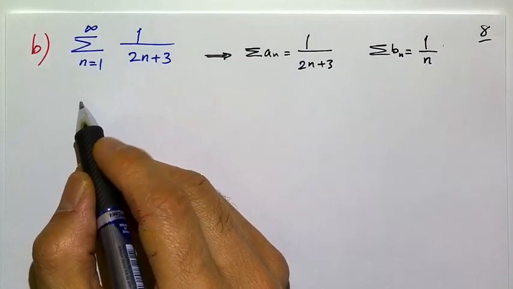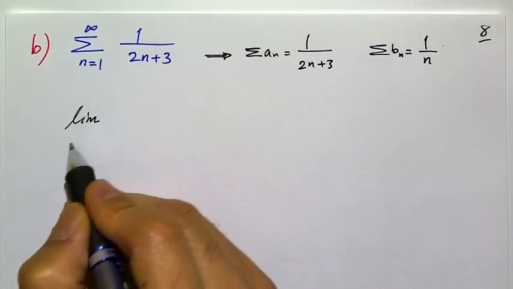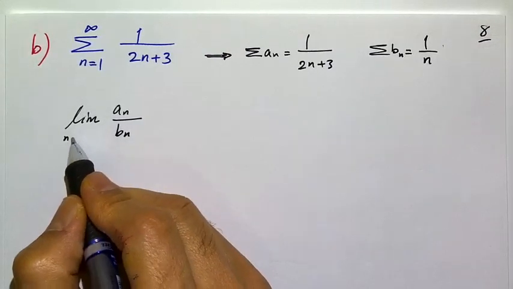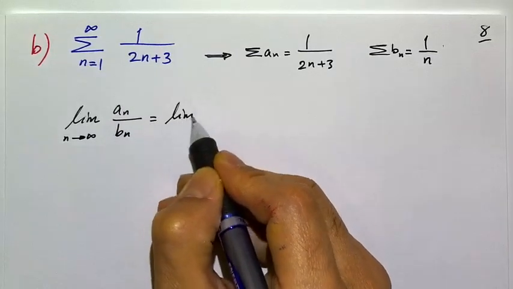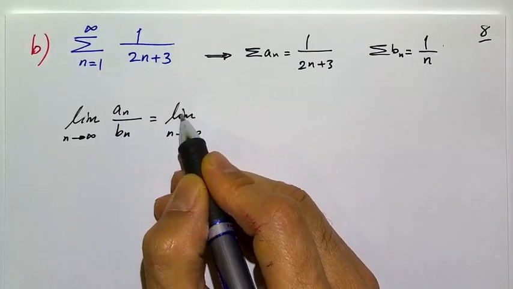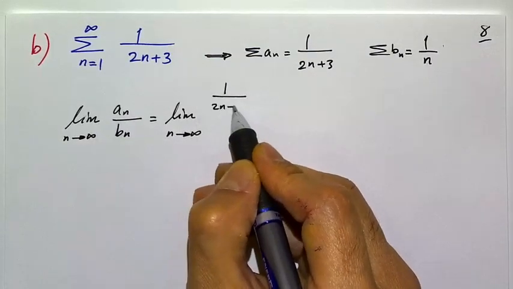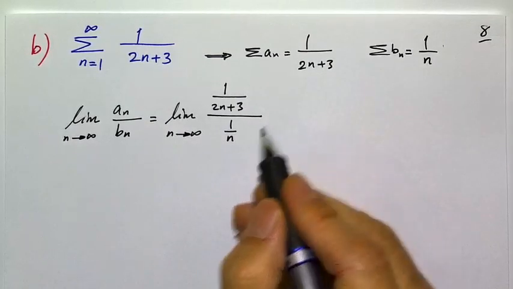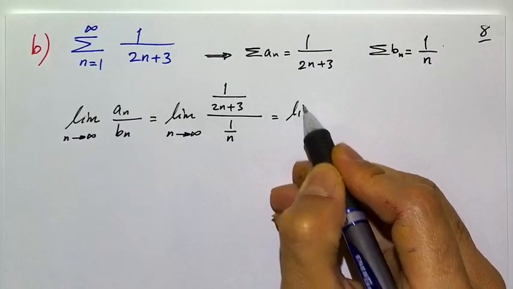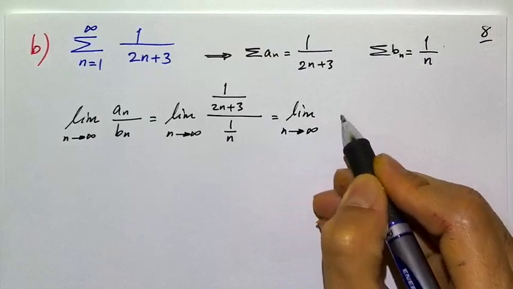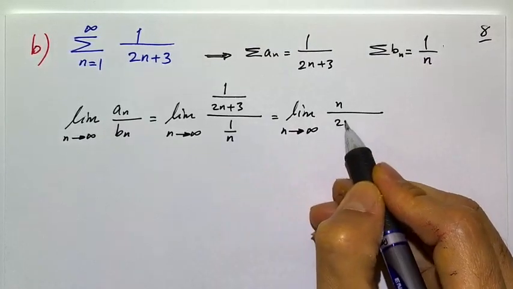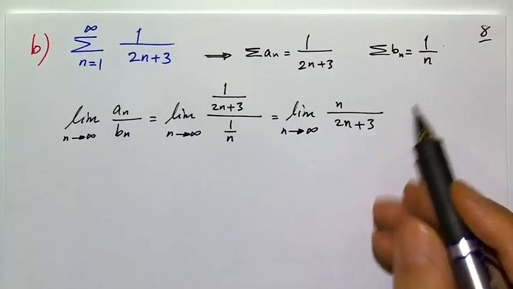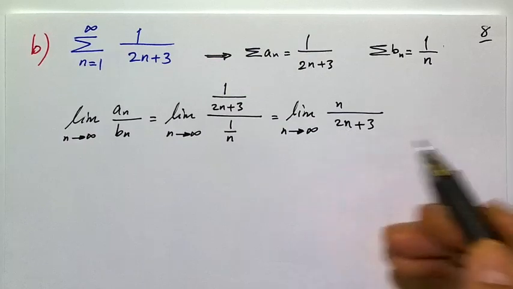So limit of a_n divided by this series as n goes to infinity is equal to limit as n goes to infinity of 1 divided by 2n plus 3 divided by 1 over n, and then this we can simplify to n over 2n plus 3, and then let's divide everything by n, which is the highest power of n in the denominator.